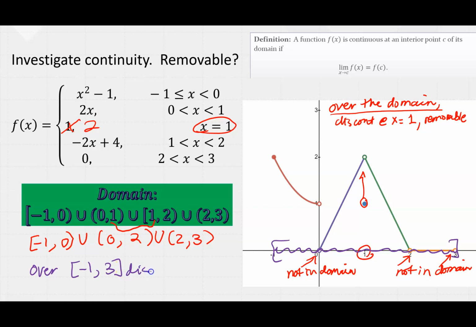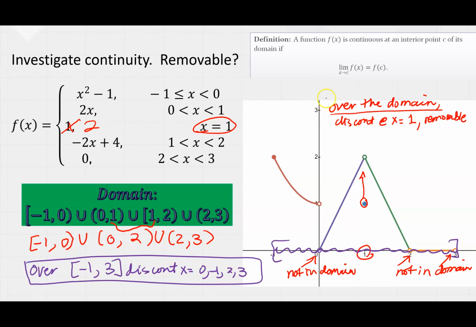We would say here we have discontinuity at x equals 0, -1, 2, and 3. But over its domain, because these other points are not in the domain, we don't count them. Okay, so really when we're talking about continuity, are we talking about a point inside its domain? Are we talking about over some interval, right? So pay attention to that.